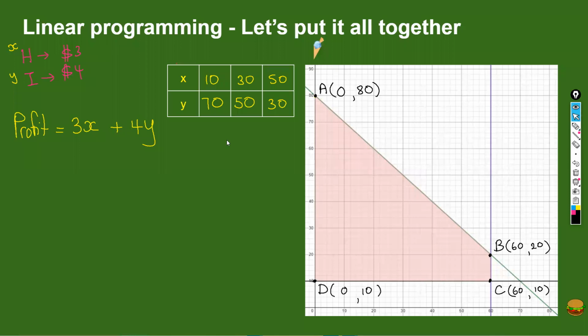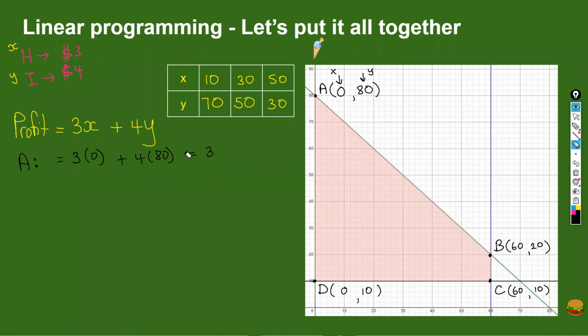And here's what you have to do now. You take the point A values and go to the profit equation. So for point A, X is what? 0. And Y is what? 80. You replace X with 0 because that is what the point says, and you replace Y with 80, and you work out the profit. So the profit for A is 3 by 0, which is 0, plus 4 by 80, which is 320.